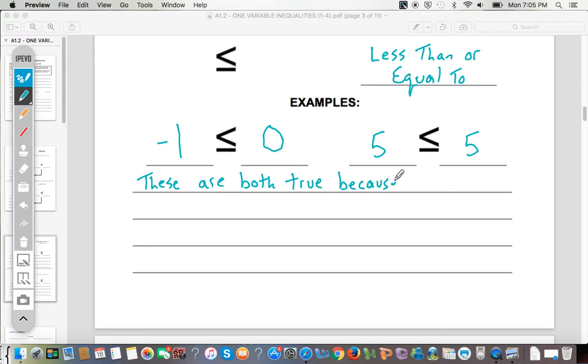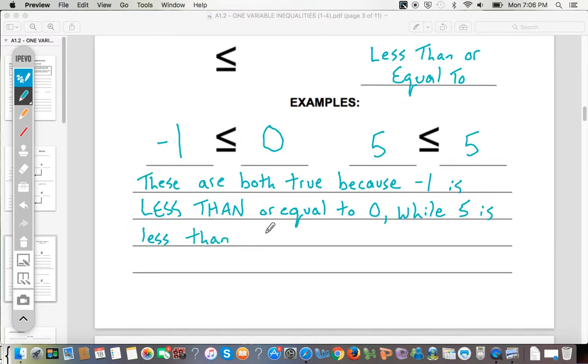Because -1 is less than or equal to 0, while 5 is less than or equal to 5.